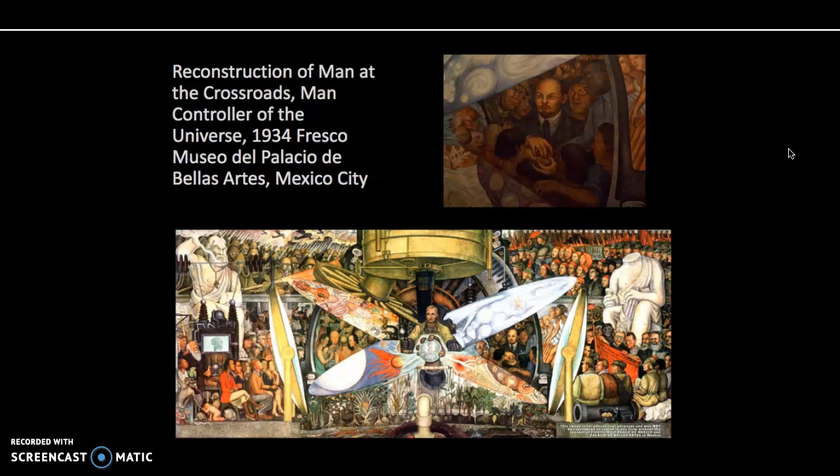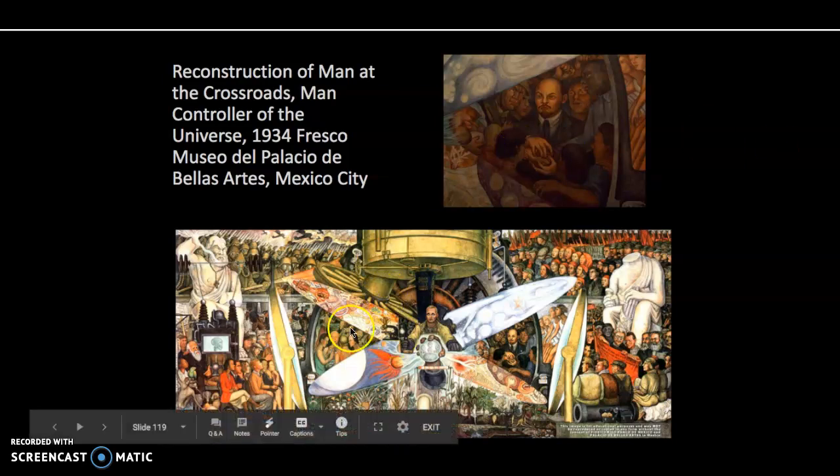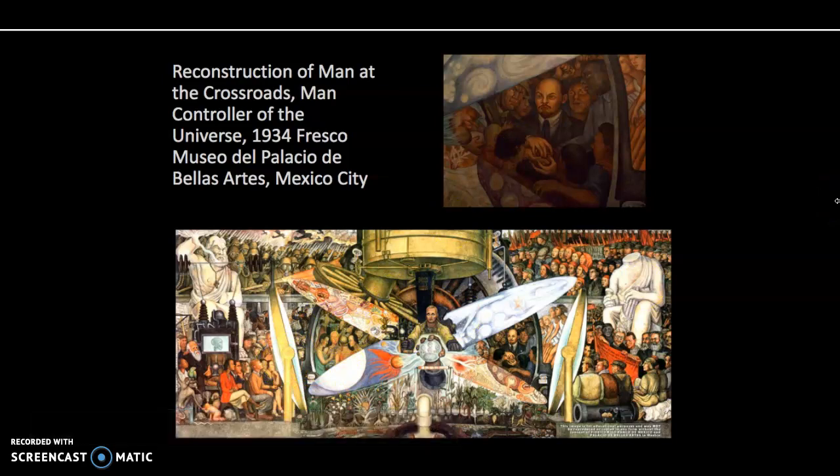So essentially, Rockefeller and Rivera got to this impasse, and the work was destroyed in the RCA. Rivera returned to Mexico and recreated this mural, as I said, in the Palacio de Bellas Artes. And he included an important addition of Rockefeller here amongst the fat cat elites.